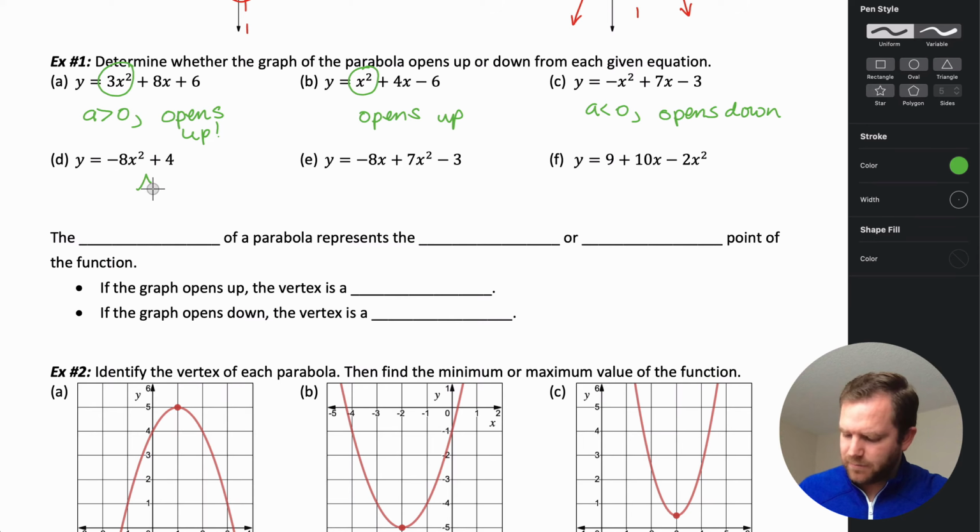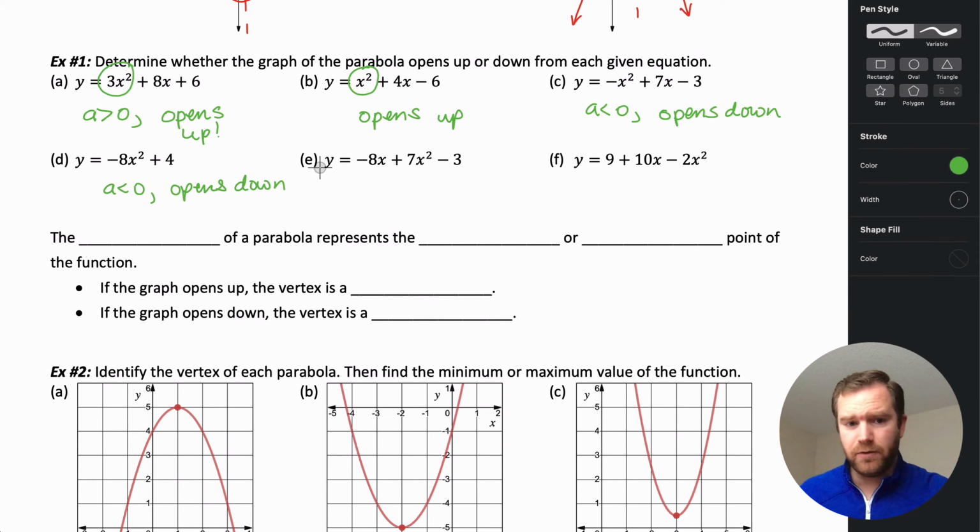What's happening is we're missing the bx term, but we could just think of b being 0. That does not impact whether we open up or down. We just care about the value of our leading coefficient. Since our leading coefficient is negative, this opens down.